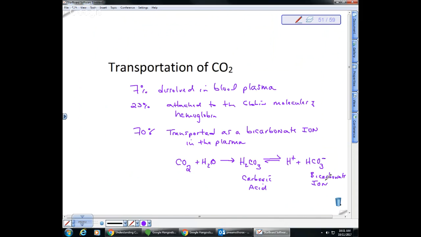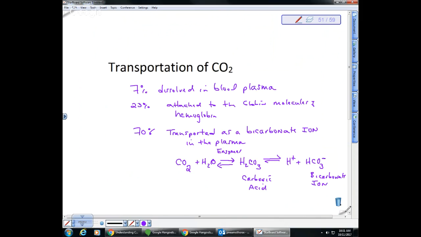So I'm going to put a big arrow here, and enzymes do this. It's kind of an interesting chemical reaction that has to occur in order to transport most of our carbon dioxide in the blood.